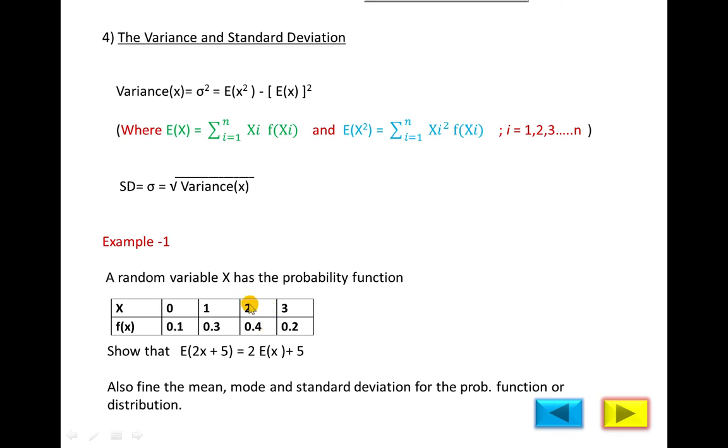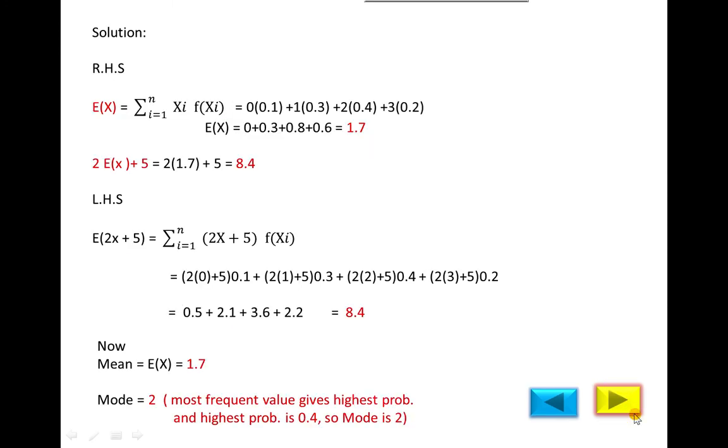So 2 is the mode; the value of x equal to 2 occurs 40 percent of the time. This is 10%, 30%, 40%, 20%, or you can say out of 10: 1, 3, 4, 2. Highest frequency indicates highest probability, and the corresponding value is called the mode. So the most frequent value gives the highest probability, and the highest probability is 0.4, so the mode is 2. Without any formula, you can calculate the mode directly from the highest probability.